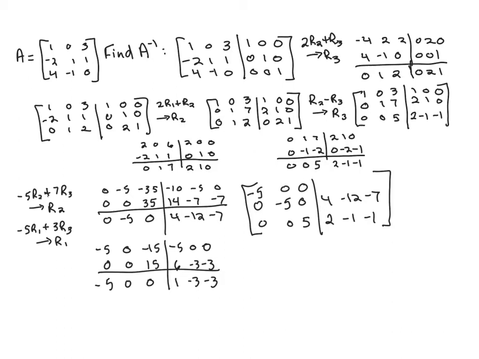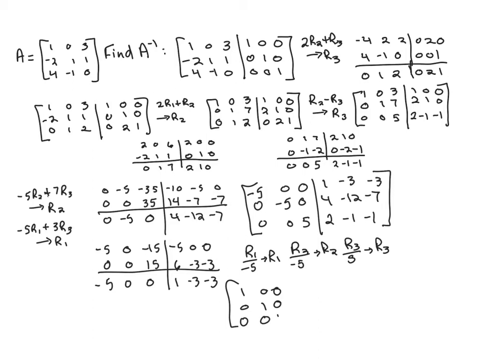And you see, all I have to do is divide by 5s and a couple of minuses. 1, negative 3, negative 3. So my last step is going to be row 1 divided by minus 5, row 2 divided by minus 5, replacing row 2, and row 3 divided by 5, positive, replacing row 3, and I'm going to get 1, 0, 0, 0, 1, 0, and 0, 0, 1, the identity on the left.